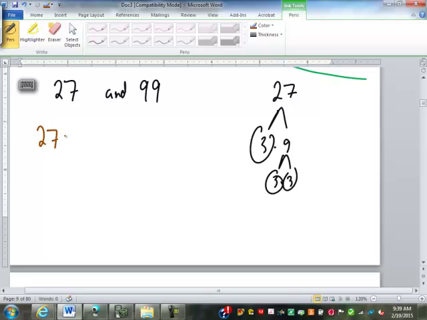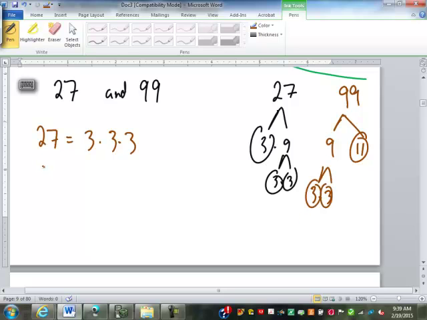So 27 is just 3 times 3 times 3. 99 will factor. That'll be 9 times 11. 11 is prime. 9 is 3 times 3. So it's 3 times 3 times 11.